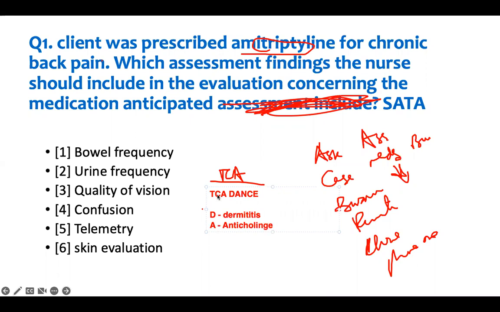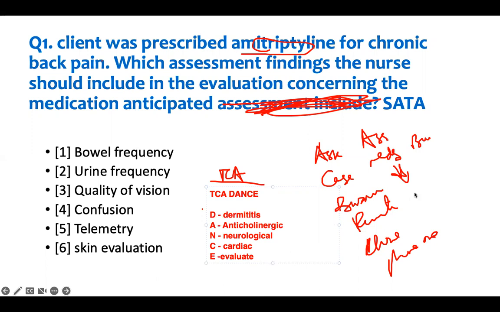So that's anticholinergic. The N is neurological. So they are neurological symptoms. The C is cardiac arrhythmia. So cardiac. And the E is basically evaluate all the above conditions. Make sure you don't see it in the patient.